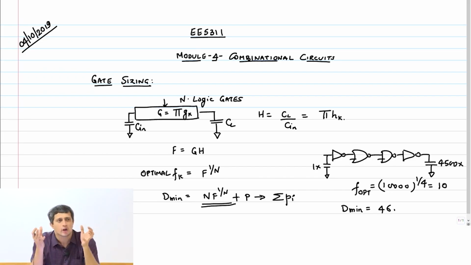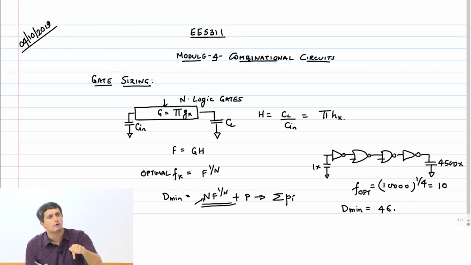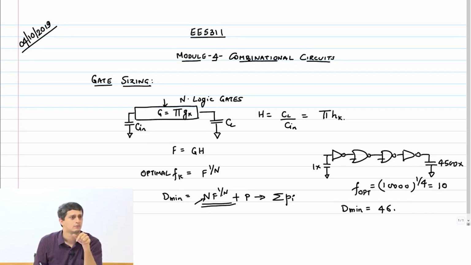And with that, you cannot reduce this delay too much, right? Remember that though delay is scaling with n, that means if I increase the number of gates, the delay will go up because there is a multiplication by n. The power of F power 1 by n is much higher. It is bringing the delay down significantly, right?